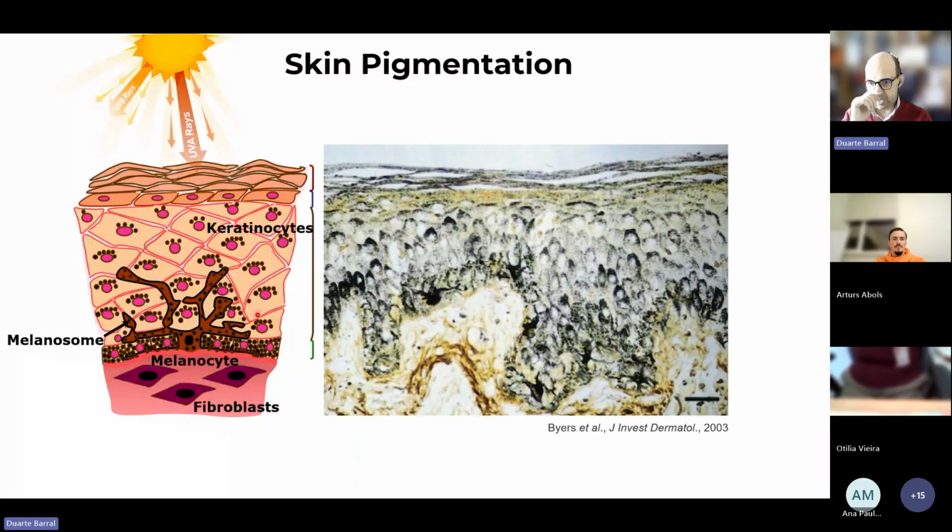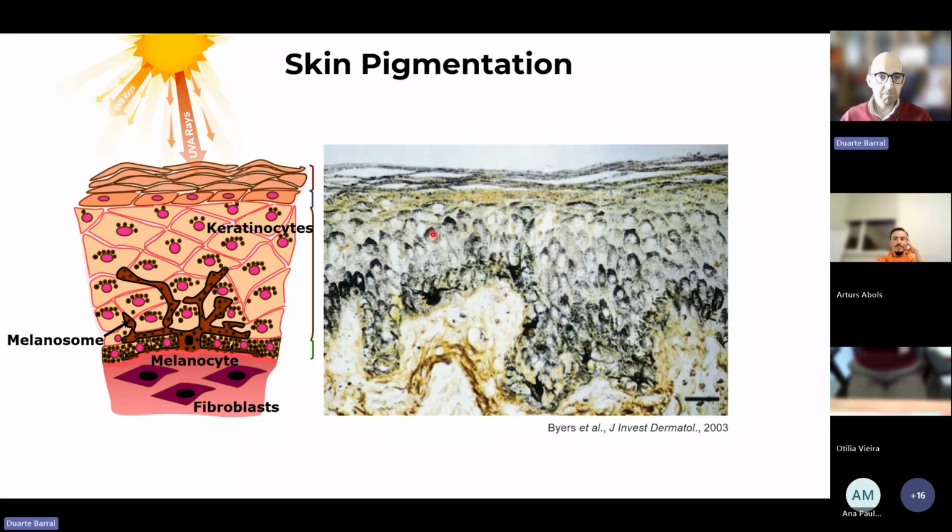And here you can see a histology of the human skin with melanocytes full of melanin at the basal layer, and also the keratinocytes. You should see that keratinocytes have these caps of melanin, these supranuclear caps, which are also very interesting, and we are also studying them.